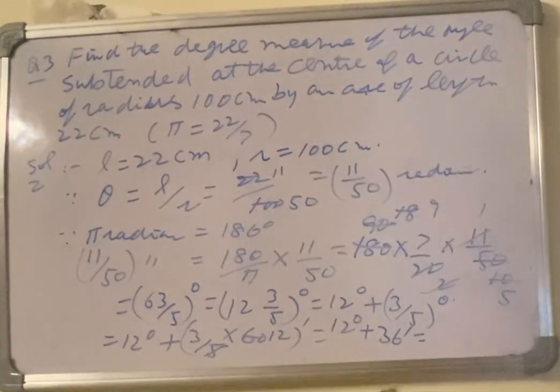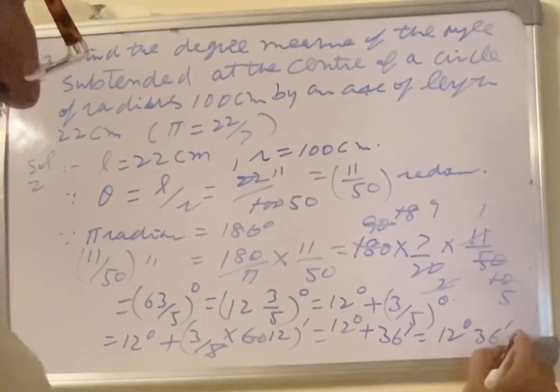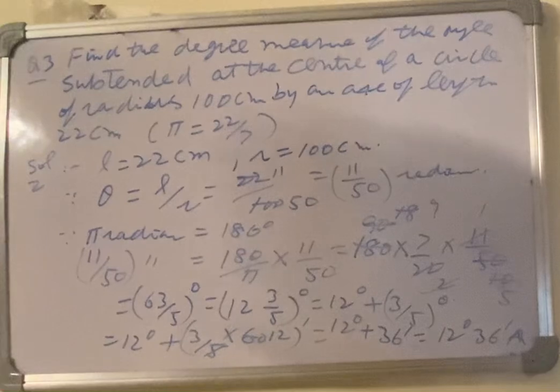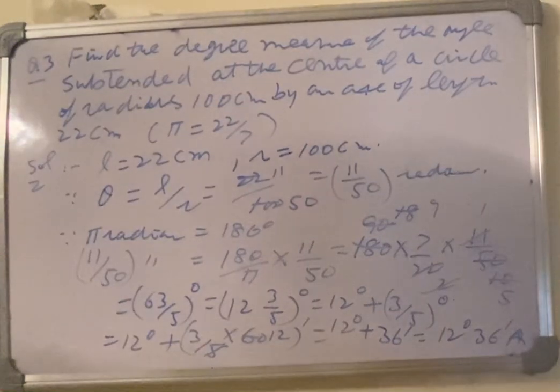So the answer is 12 degree 36 minutes. So that's all. In the next video we shall take more questions relating to degree measure and radian measure.